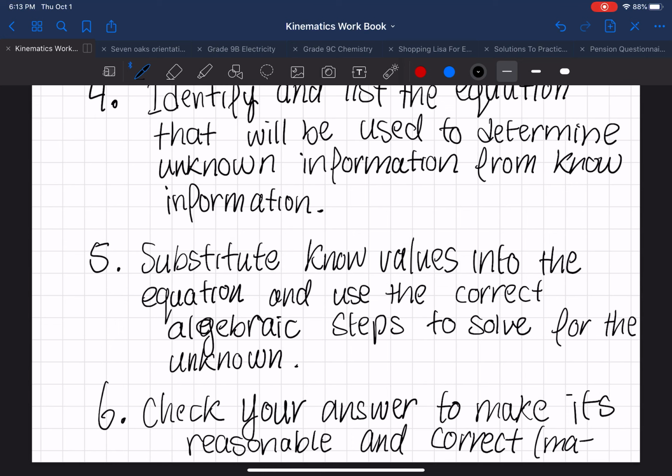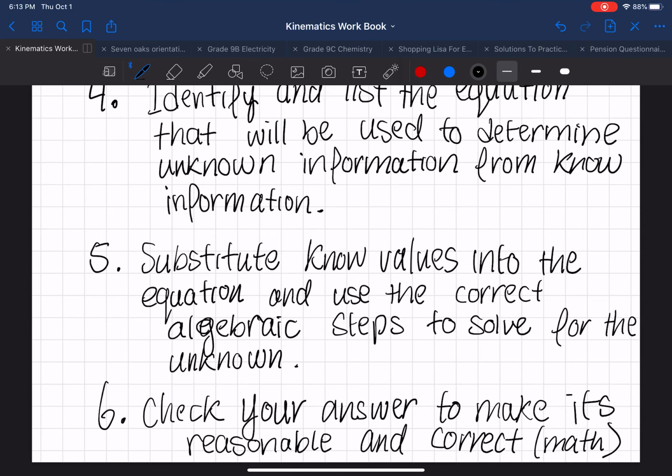Math way. Okay, so number 6, if you solve a question using digits and values of 1s and 10s, and you all of a sudden get an answer in the thousands, does that make sense to you? No, most likely it's incorrect. So you want to make sure your value makes sense too, your answer compared to the question.